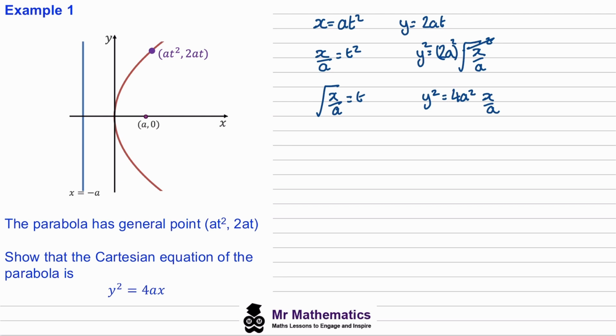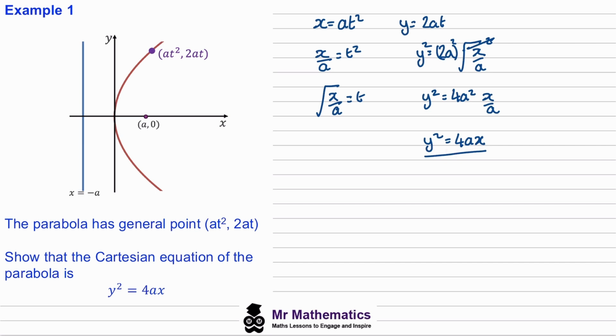Then you can see the square and the a will cancel. So we'll have y squared will equal 4a times x. So you can see then how these parametric coordinates give you the Cartesian equation for a parabola. And we need to be comfortable in working with both forms for a parabola, the parametric and the Cartesian.